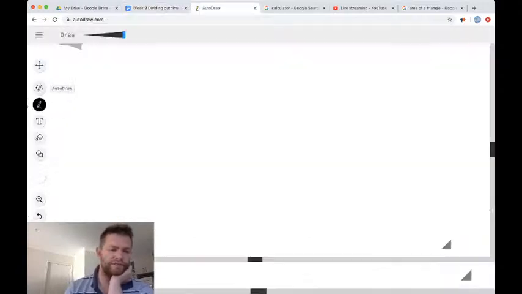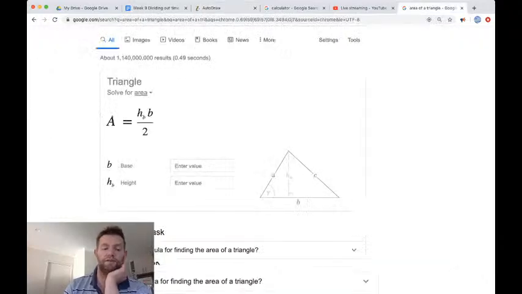Let's write that formula in. First thing we need to do, change our thing. The formula was, I know it off the top of my head, but I'm going to check it again because I want you to see: area equals height times base divided by 2.